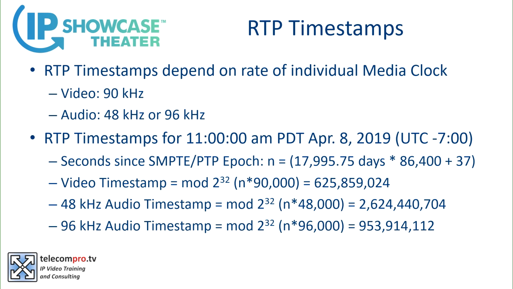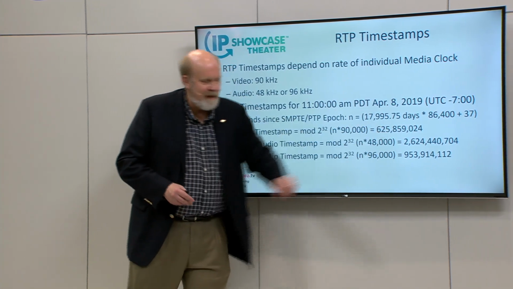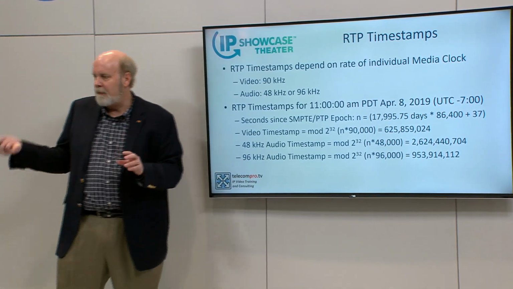And I make that calculation. Then I take the result mod 2 to the 32nd, which is pretty easy with a computer, and that's my result. So each time you make a comparison, if I'm trying to align this video timestamp with that audio timestamp, my devices have to make that calculation. But it's simple arithmetic, it's not rocket science.